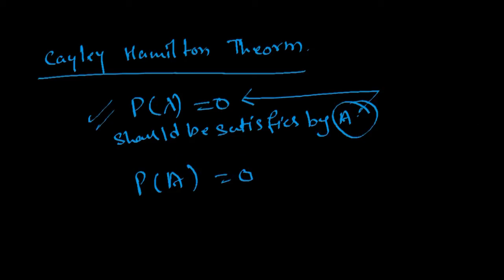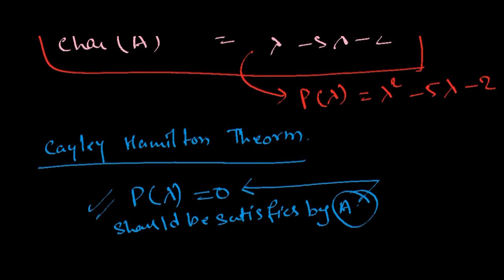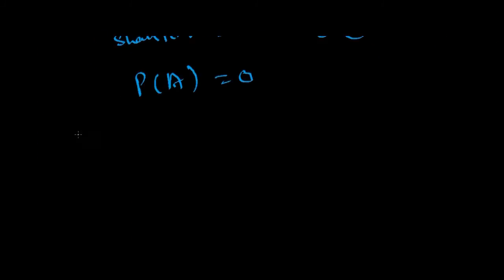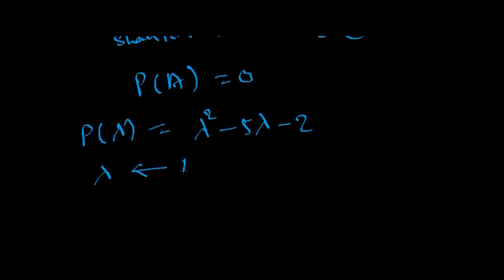If you want to see whether it is equal to 0 or not, we can place A in place of lambda. Our P of lambda equals lambda square minus 5 lambda minus 2, and when we place A in place of lambda, it becomes A square minus 5A minus 2.